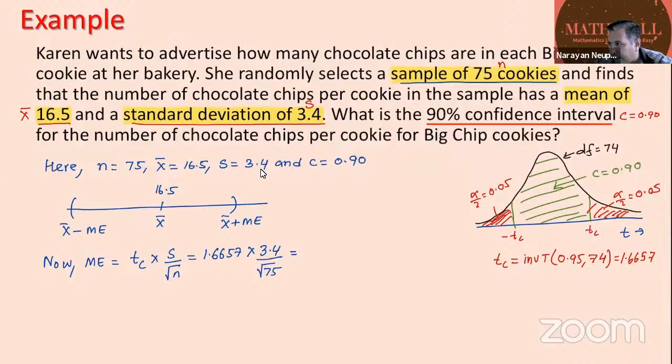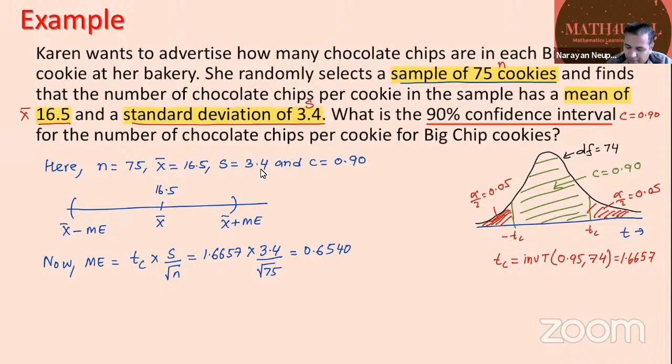And if we simplify that, we get 0.6540. Make sure you check it. So that is the value of the margin of error. So we plug in the values and we got the margin of error. So that was the first thing.